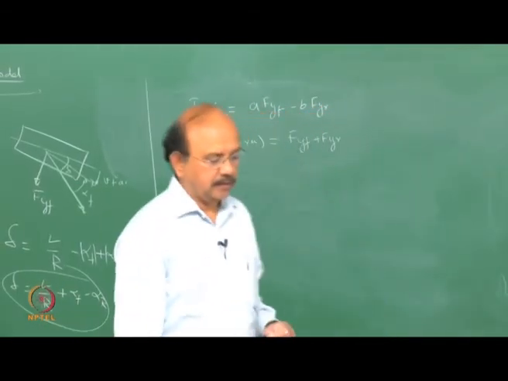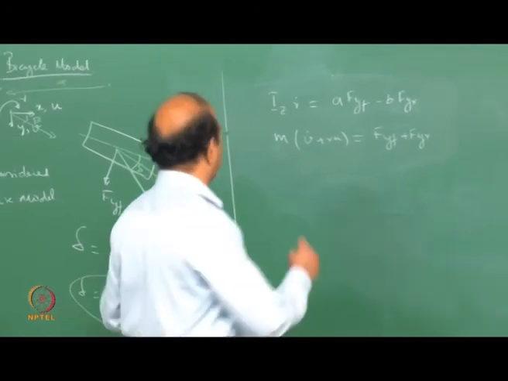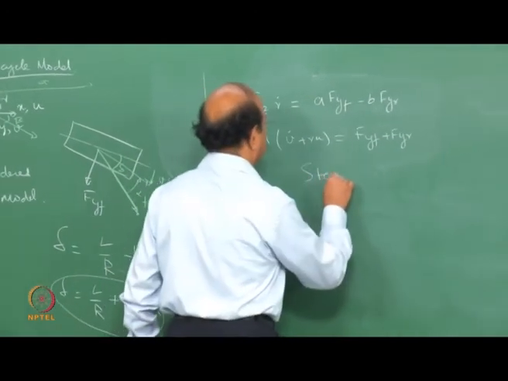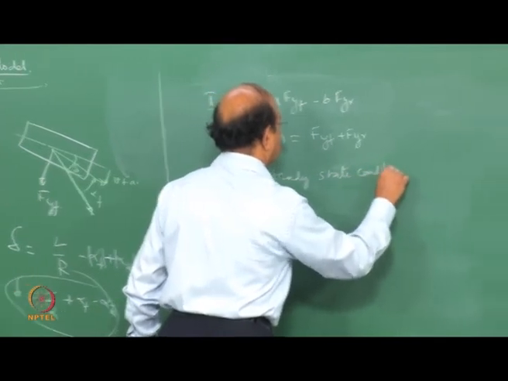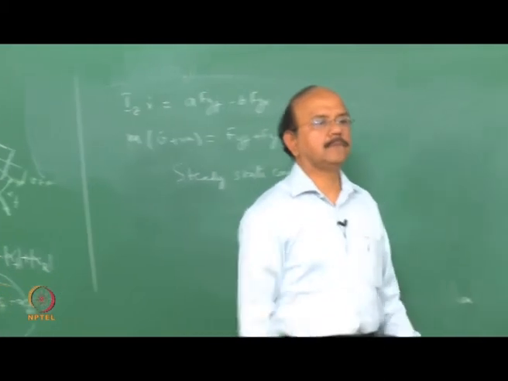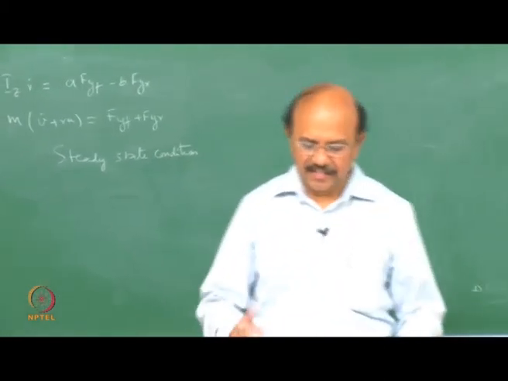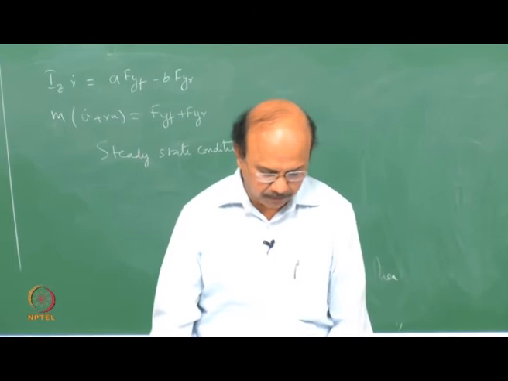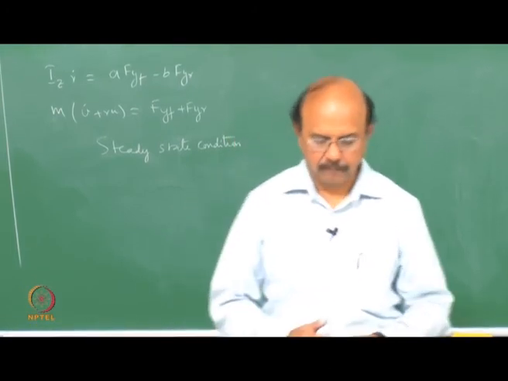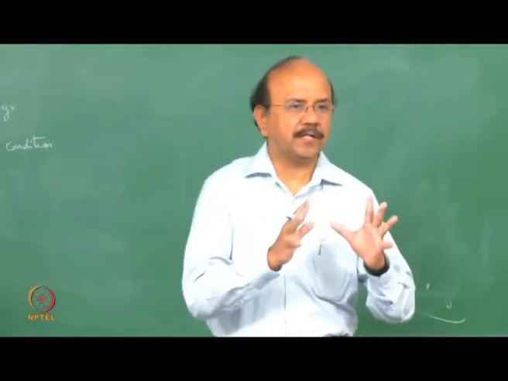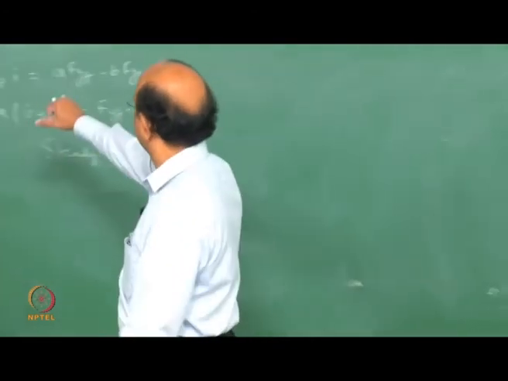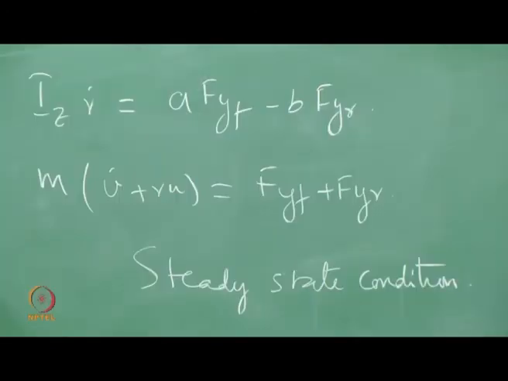Let us now consider what is called the steady state condition. What do we mean by steady state condition? What we mean is that there are no time derivative terms.